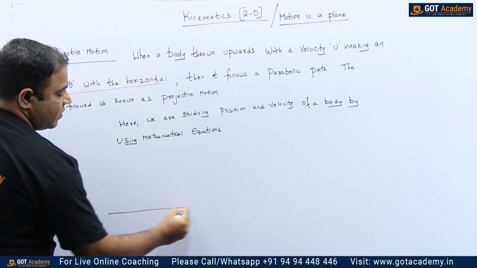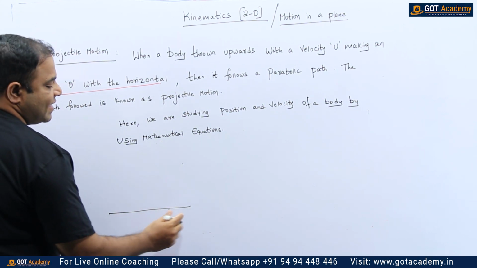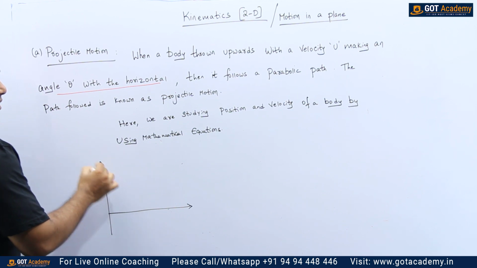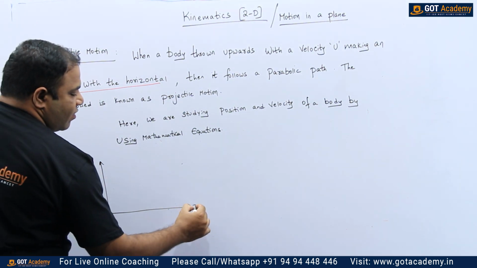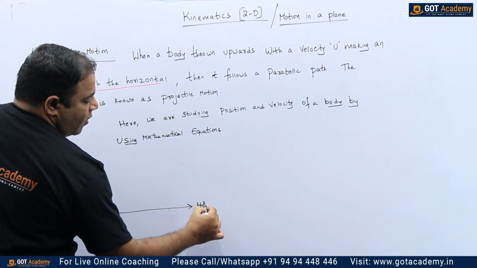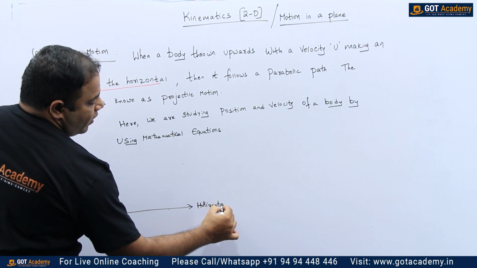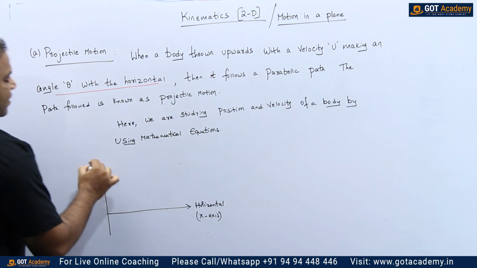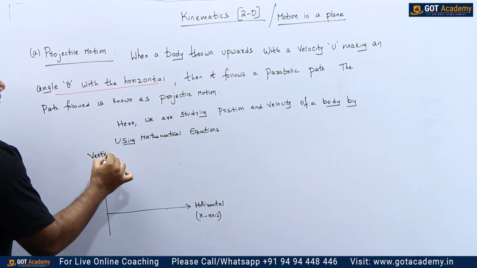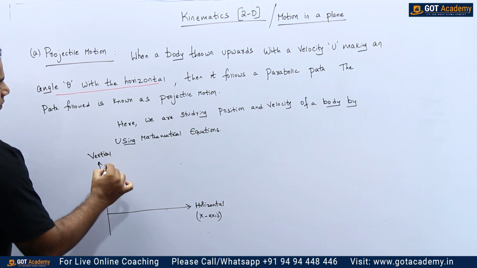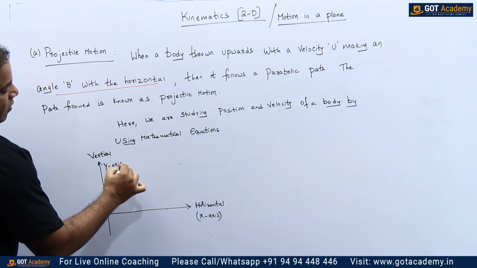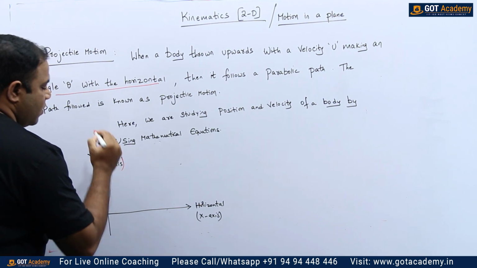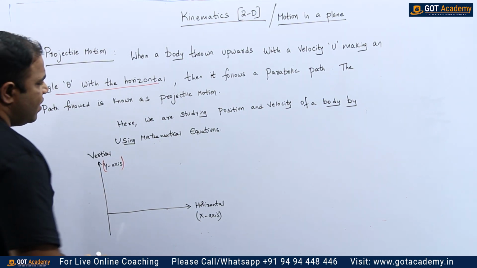If I draw like this, it is known as horizontal, nothing but the x-axis. If I draw like this, vertical, nothing but the y-axis. So you have to say this one as horizontal, the x-axis, whereas this is vertical, the y-axis. Okay?